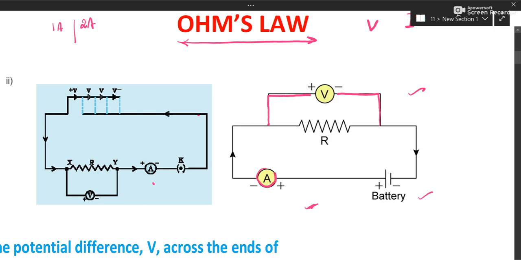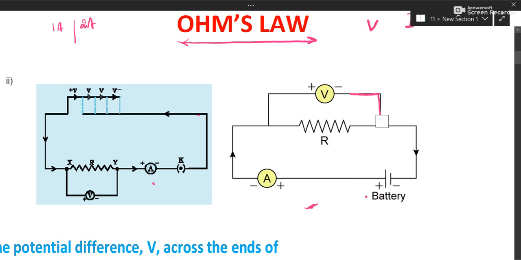In series we connect ammeter and this is battery. So we will take care that where the positive of battery is there, only there we will mark the positive of ammeter and the other one will be negative. So this side of voltmeter will be positive and other will be negative. So this is how we need to draw a circuit diagram for Ohm's law.